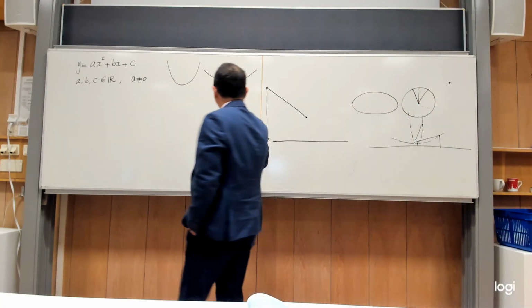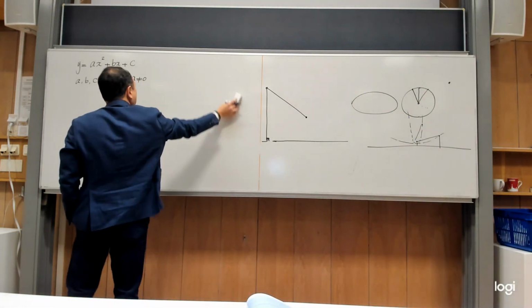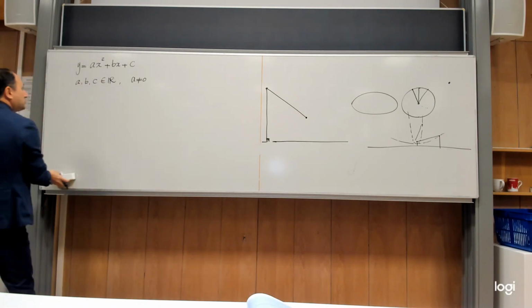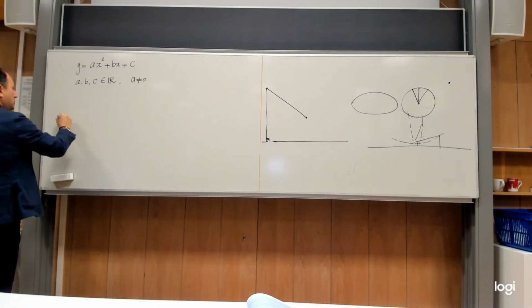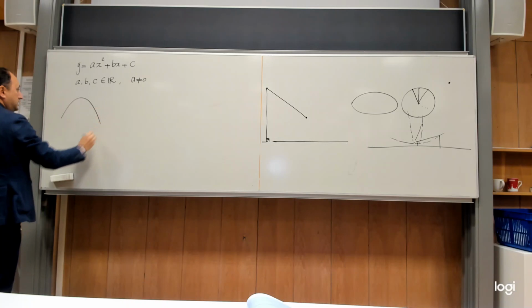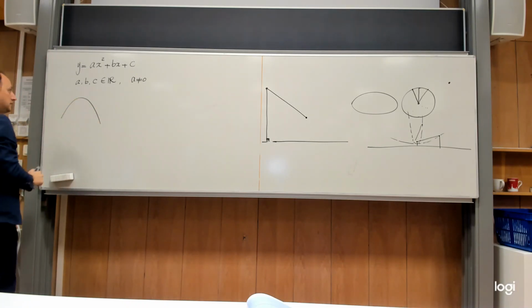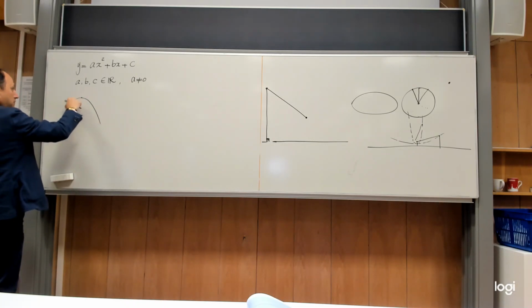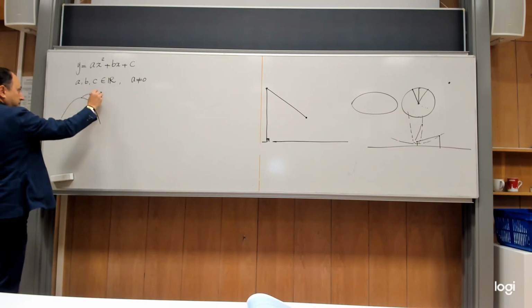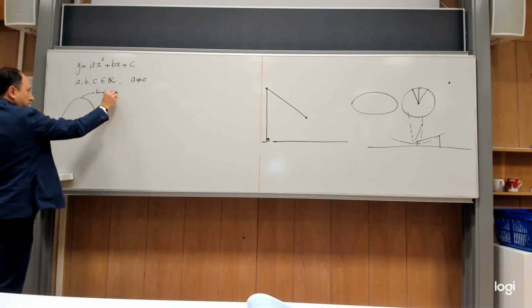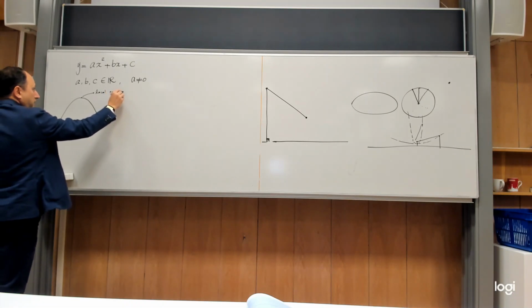So, except for the shape, if I want to have the properties, I will have 2 types of parabolas. Either they open downwards, so then you see that I have a turning point, okay, or a local maximum. Okay, why is this called local maximum?